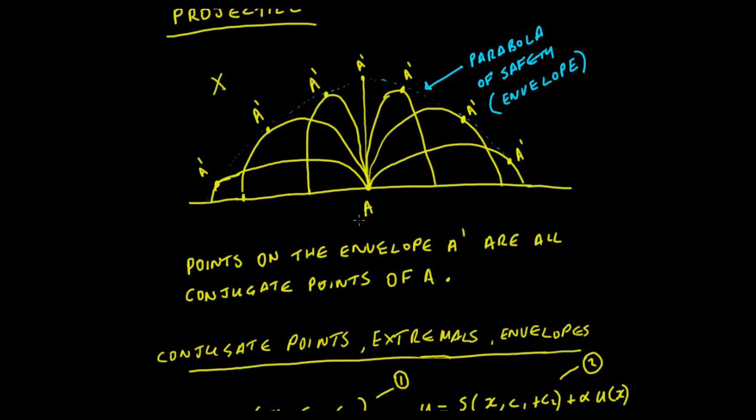So we can say that point A has all of these values A dash as conjugate points.